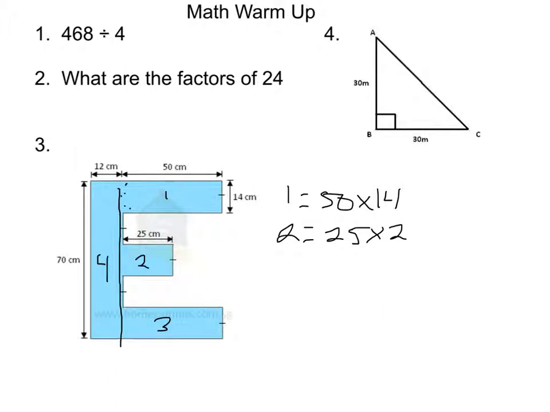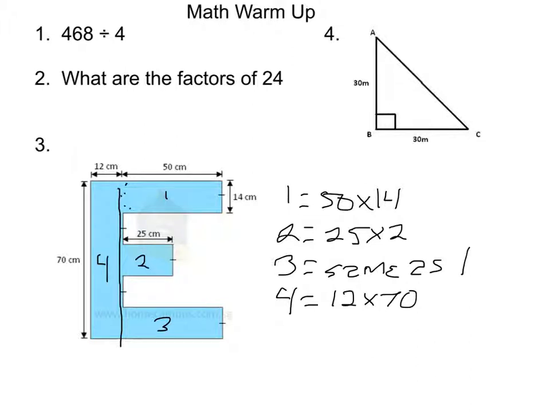Rectangle 3, well, that's the same as rectangle 1. So we can just rely on that one. Now, rectangle 4, rectangle 4 is 12 times 70. So we'll pause it here just to double check your work.